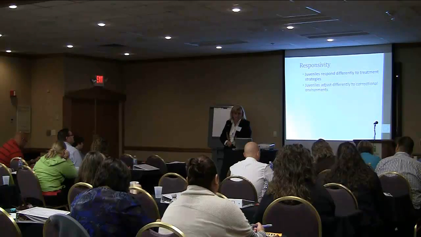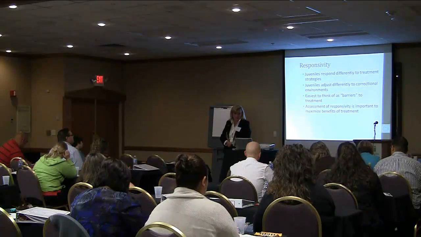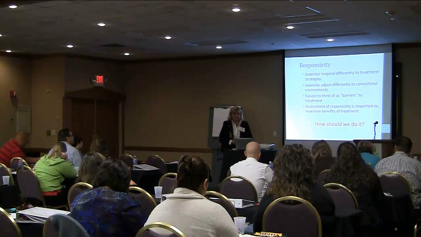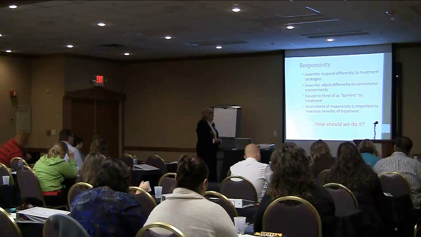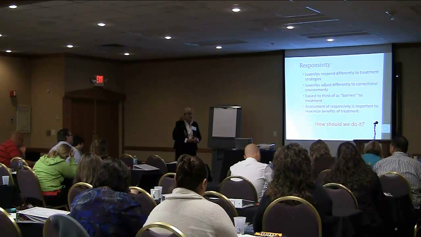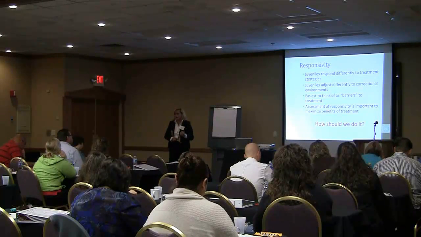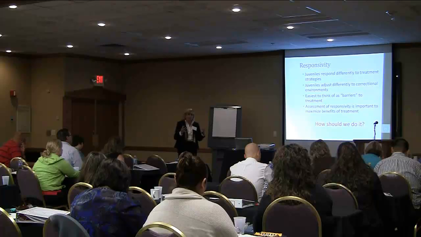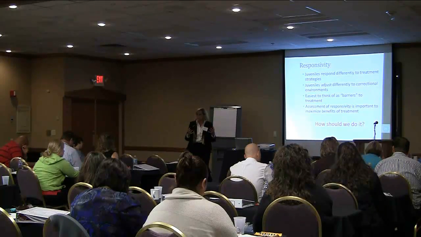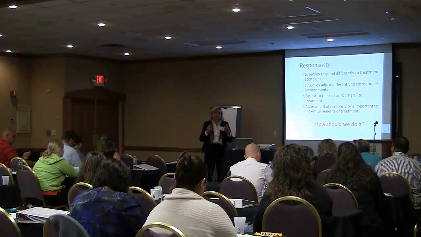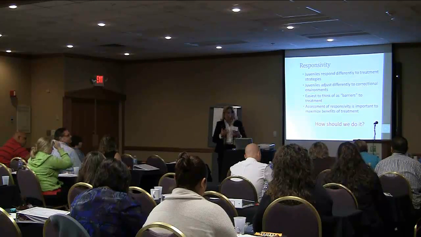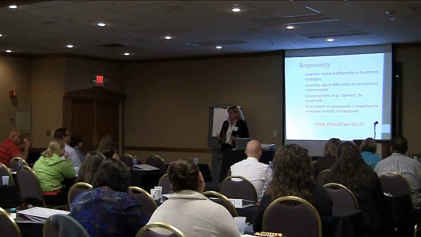We talked in the last session about this idea about responsivity. How should we do it? That goes back to the example of, we've got to keep in mind that there are certain barriers that our youth have. And if we ignore those barriers, we're not helping the situation.